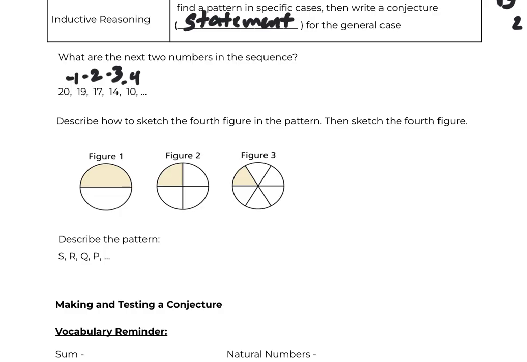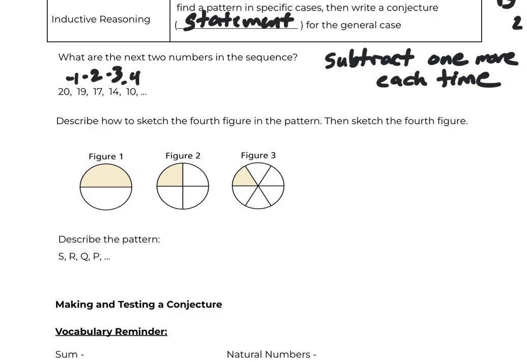So a conjecture in this case is going to be we're going to subtract one more number each time, okay? Therefore, the next number I'm going to subtract would be what? Minus 5, okay? And that puts us at 5.